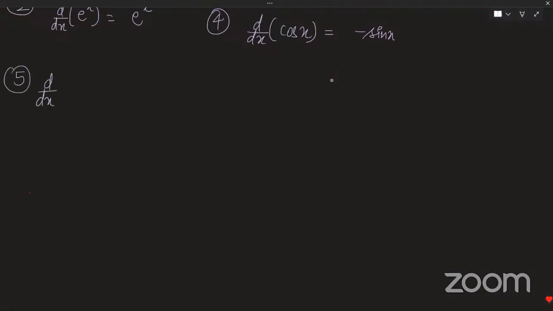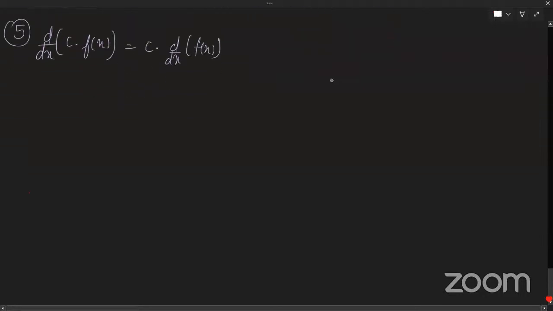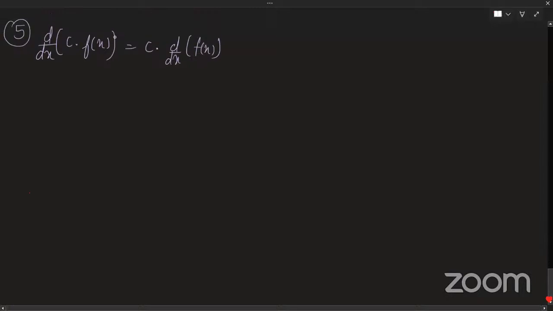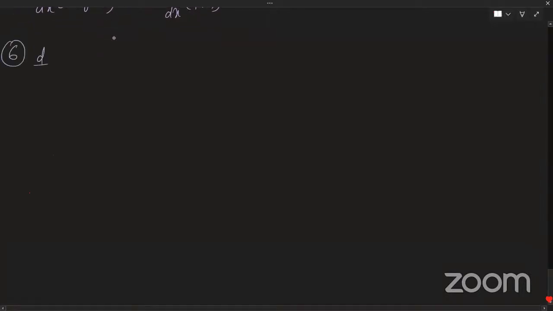So for example, we have a constant multiplied by a function. We can bring the constant outside and then just differentiate the function. Right? Yes, sir. In the same way, for example, we have got addition or difference of two functions.